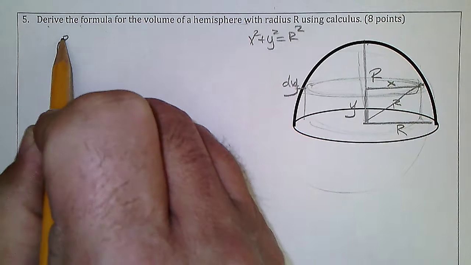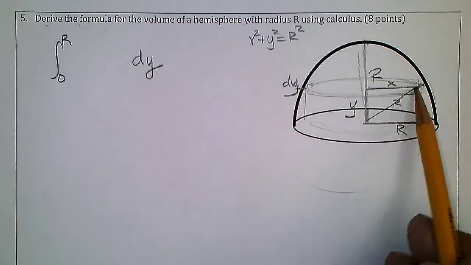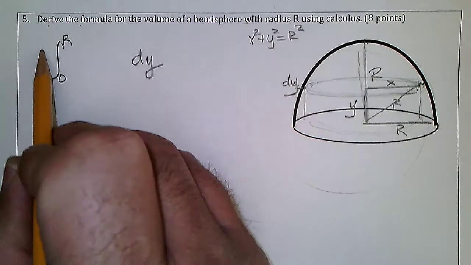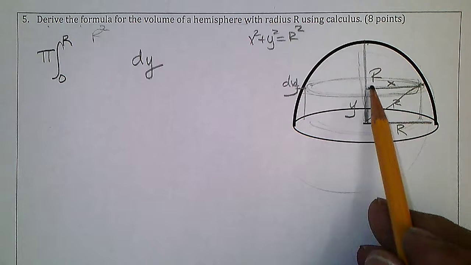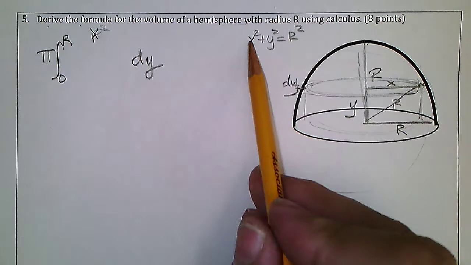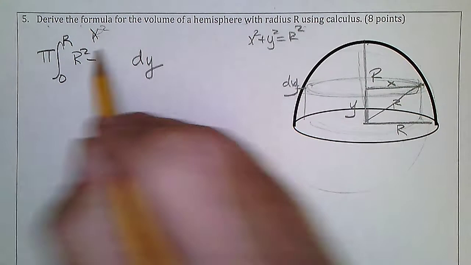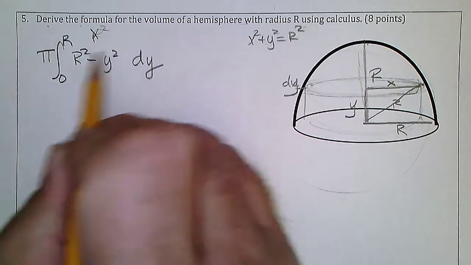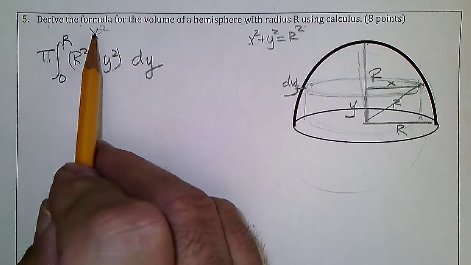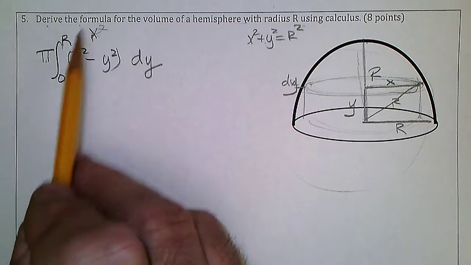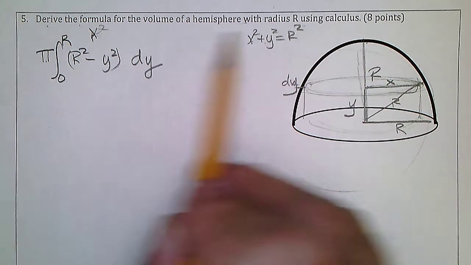It's going to be pi times the radius squared, but the radius here is x, so x squared, and x squared is equal to capital R squared minus y squared. So it's pi times x squared, which is this expression, dy.